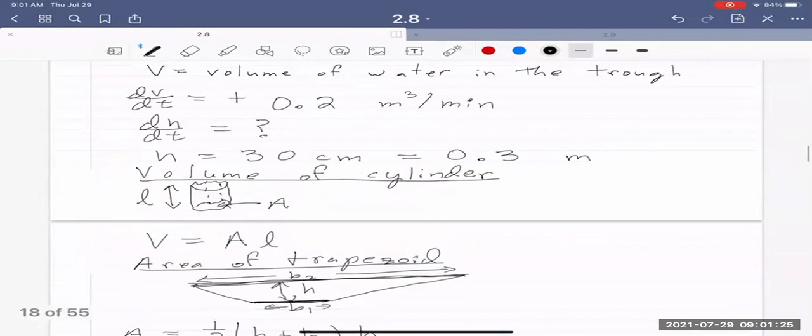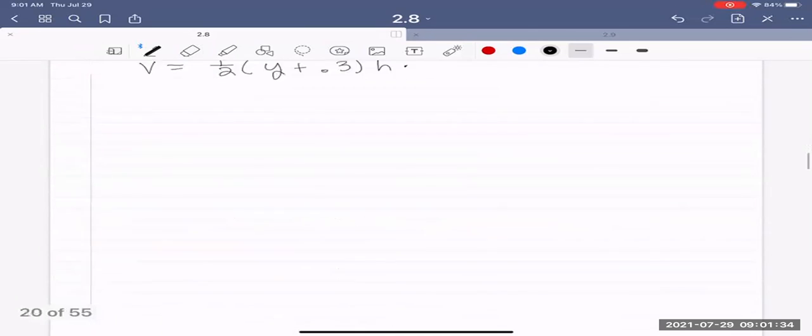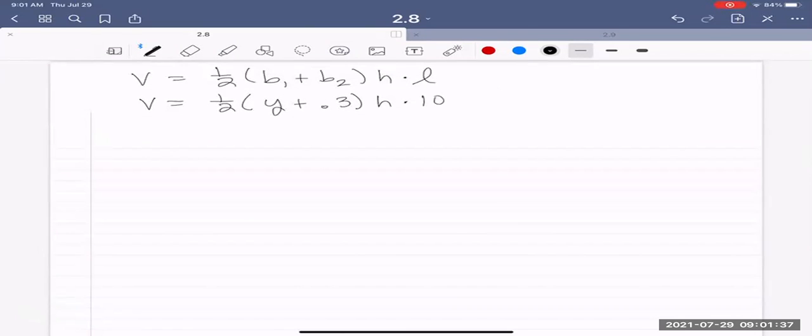And the length is 10 meters. Any questions so far? So the volume is equal to 10 divided by 2, which is 5. Let's multiply 5 inside the parentheses. So that's 5y plus 1.5h.